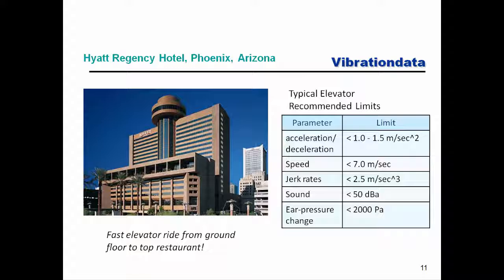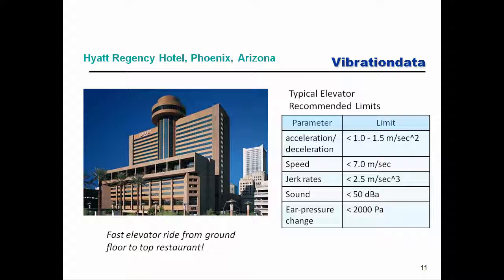Well, it turns out that maybe there is an elevator engineering society or trade group, whatever they might call themselves, that have come up with recommended limits, and these limits are in terms of the comfort of the elevator passengers. So here we have some metric units.